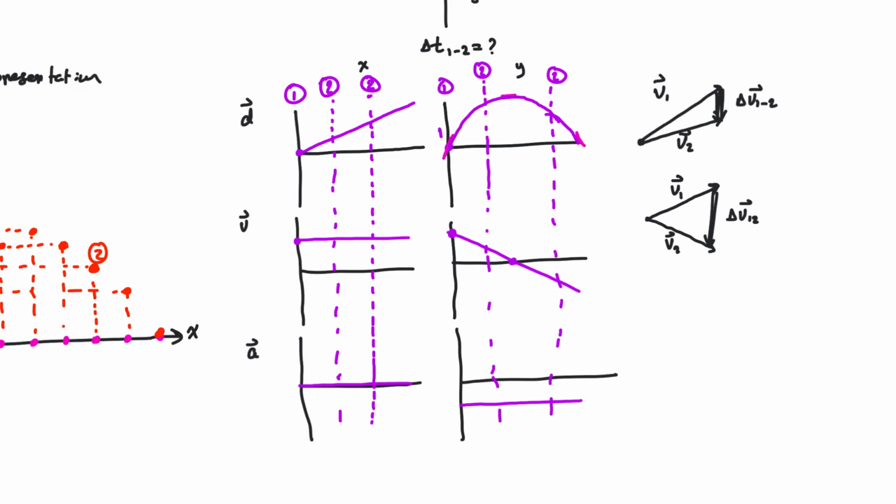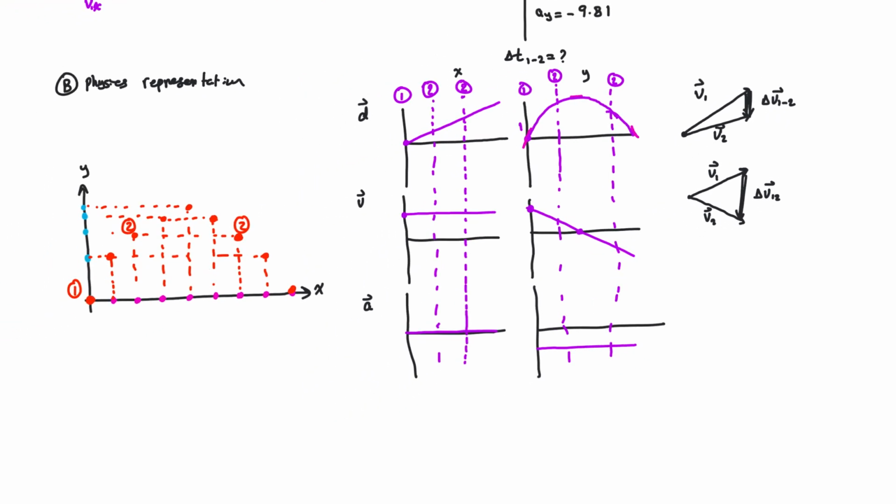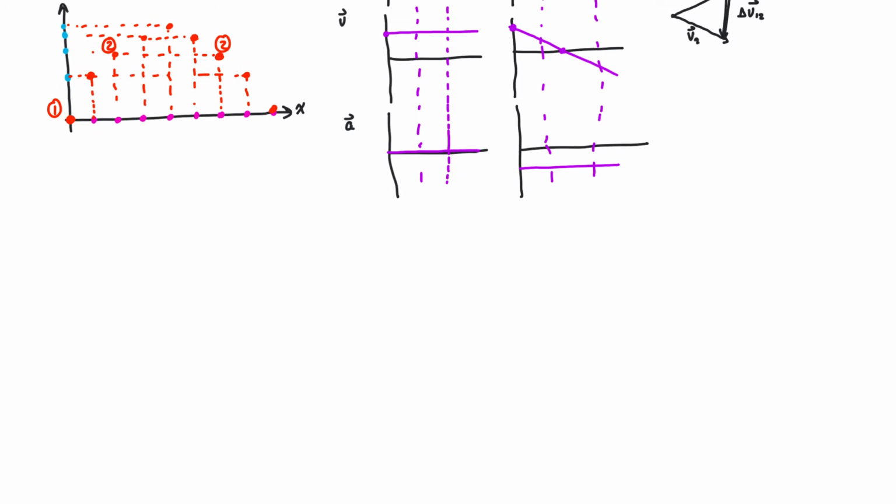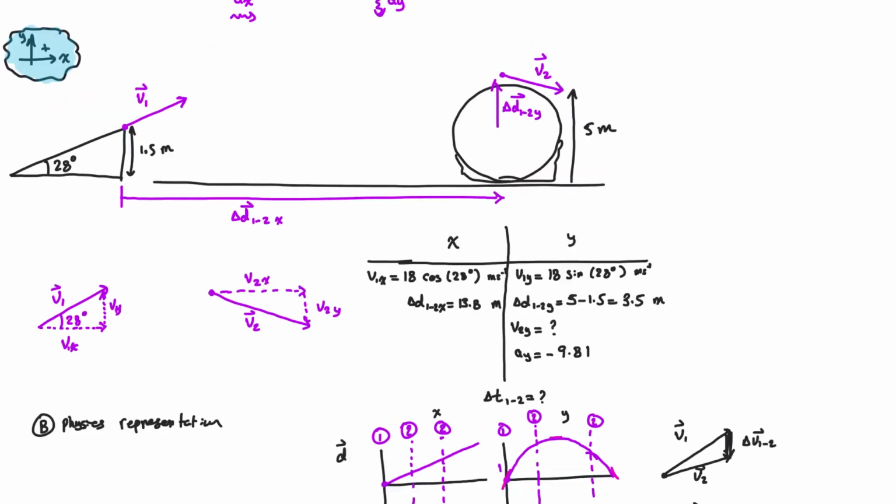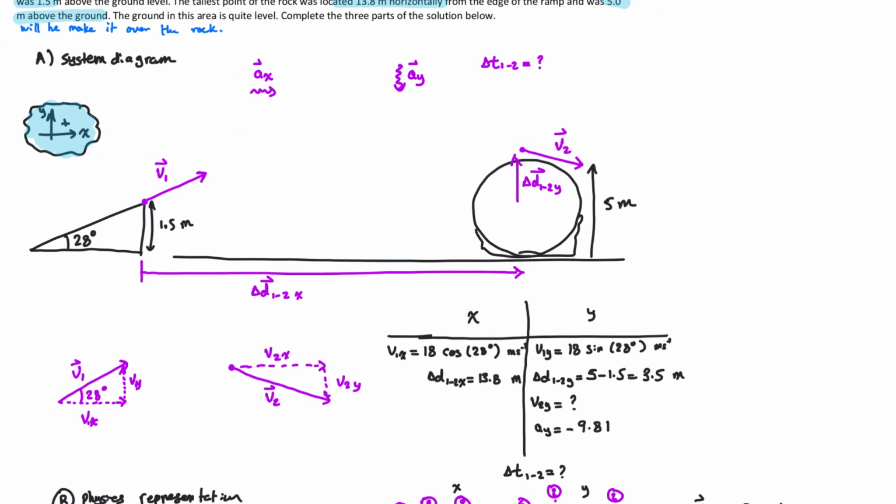Now, for the word representation for this question, it's all of our assumptions. So I'll write my assumptions right here. Assumptions. Basically, we are assuming that there's negligible air resistance.